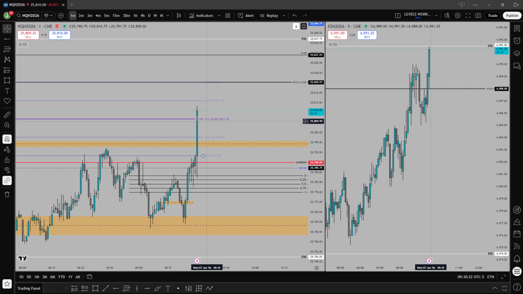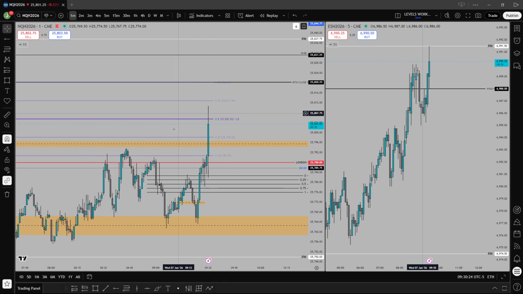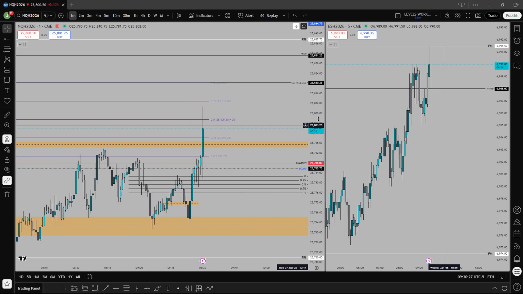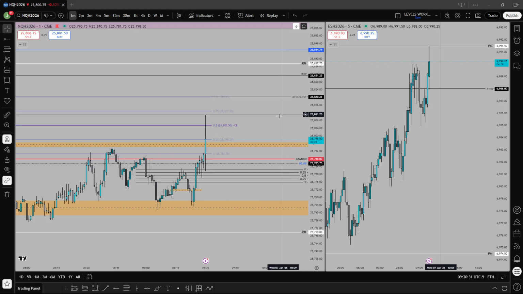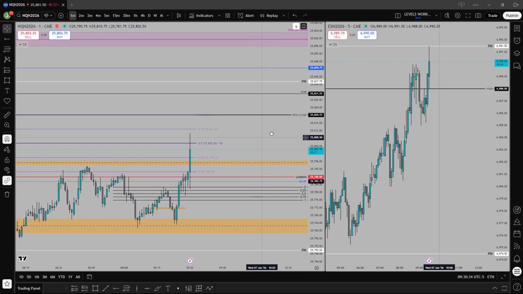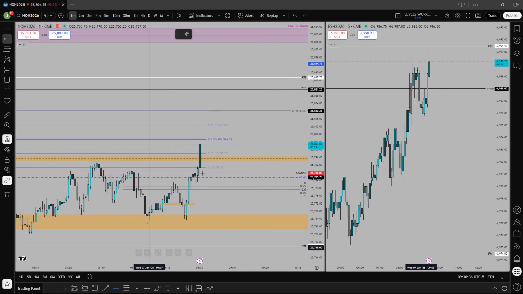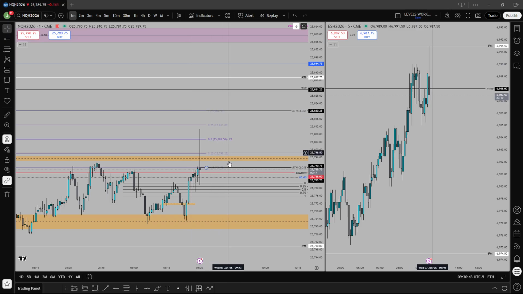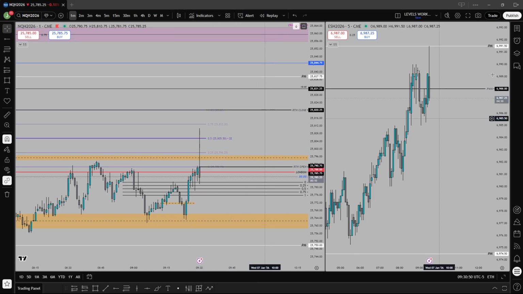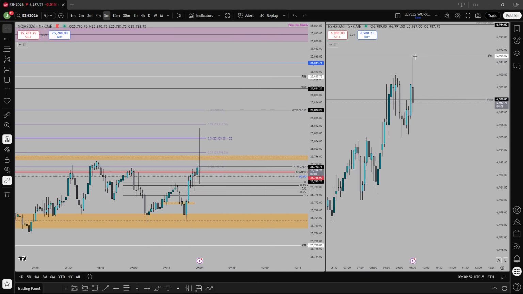So we tapped the consequent encroachment of the opening range gap, and like how ES went up to the PM high but didn't take it.